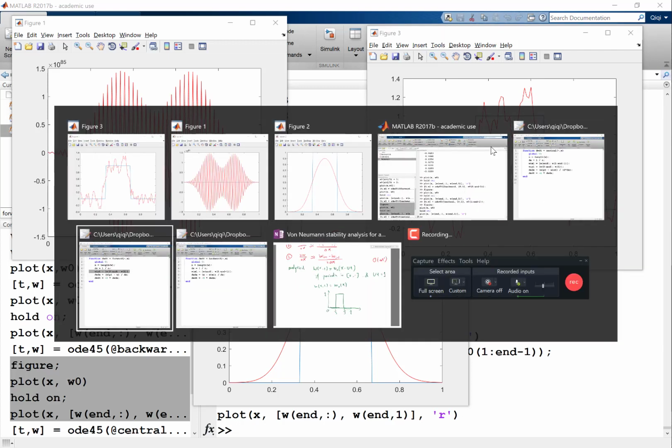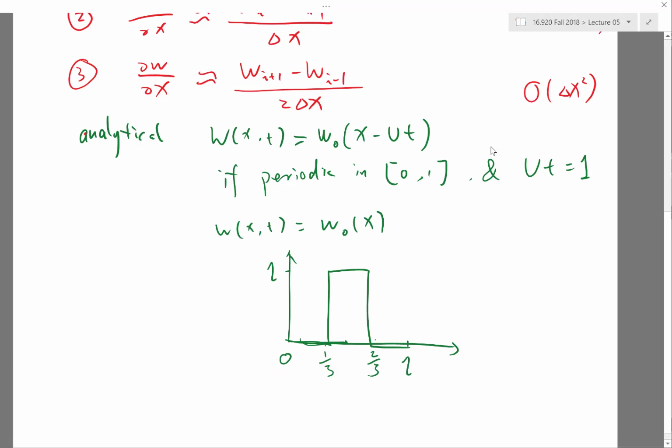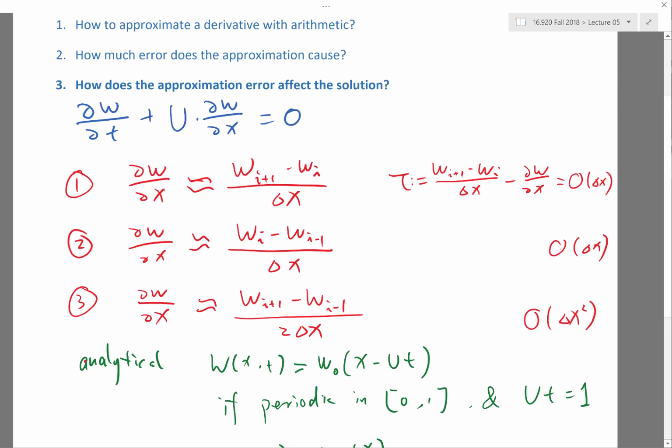So that's a good time to go back to our analysis. Let's study how the approximation error, which we know is there in all three cases, affects the solution. How do you do that? From the study we did on the heat equation, what's the best way to analyze how the approximation error gets translated into the solution?